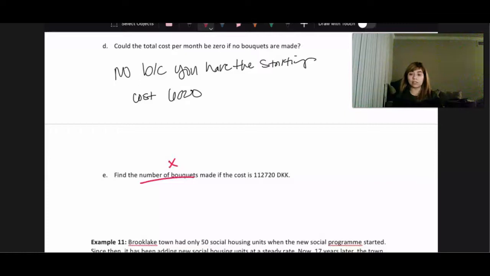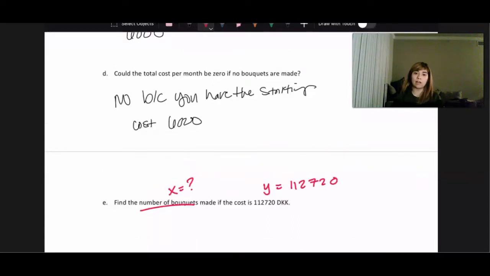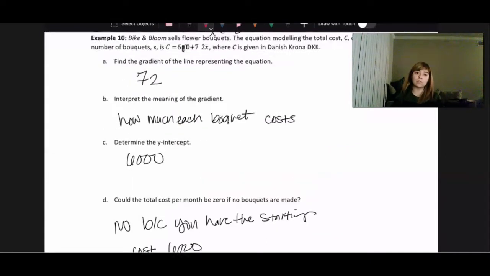If the cost is this, cost is my output, my y. So they're telling me y equals this much, find x. I'm not going to solve this. I would suggest you try and solve it on your own. You would just plug this y value into the equation they give you to solve for x and work backwards until you can find x. And that's your answer.